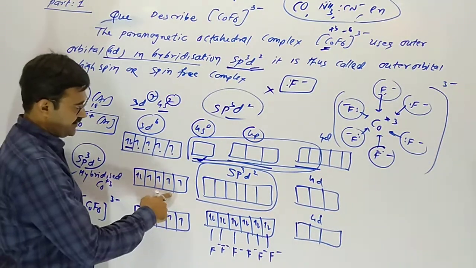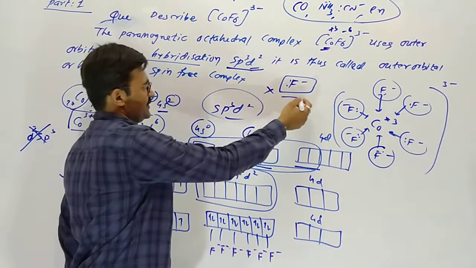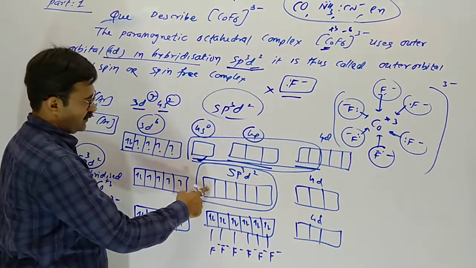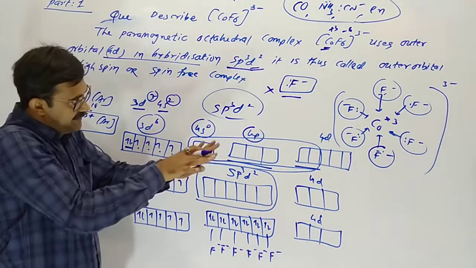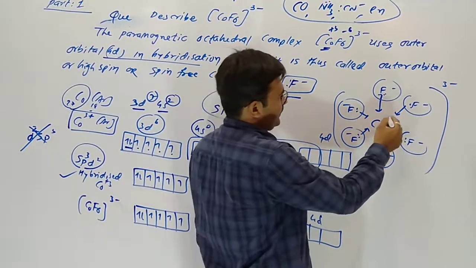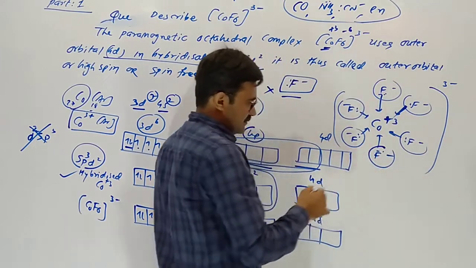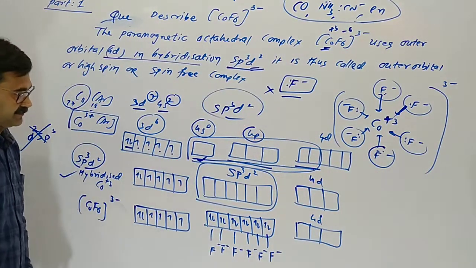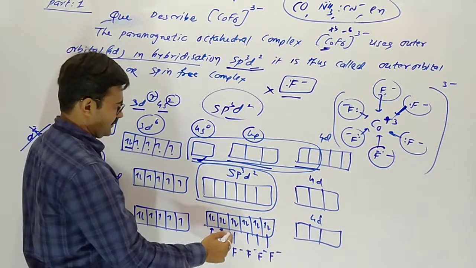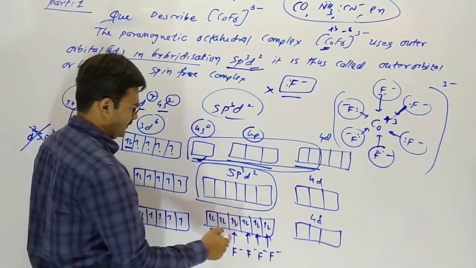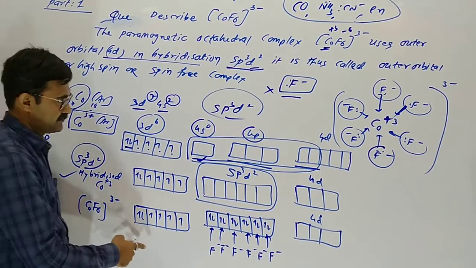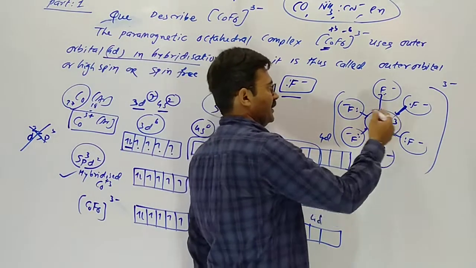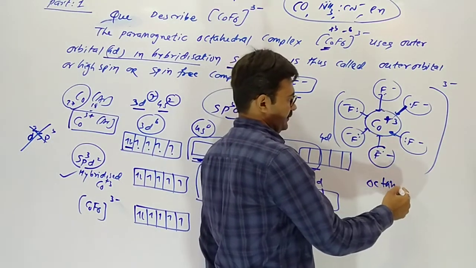Here there is no change. Once again, fluoride is weak, so the 6 orbitals are arranged octahedrally, where fluoride comes and donates an electron pair to the metal, and the geometry is octahedral.